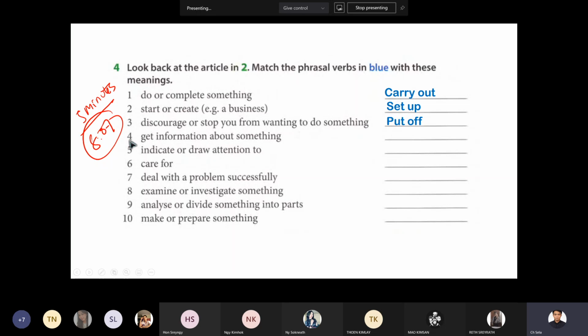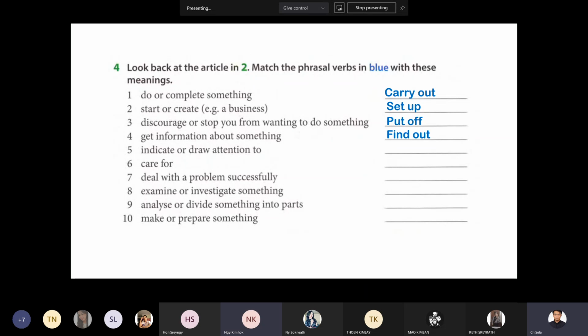Okay, number four, to get information about something. Find out. Okay, very good. Find out. Number five, indicate or draw attention to.